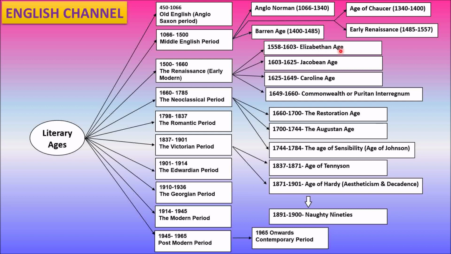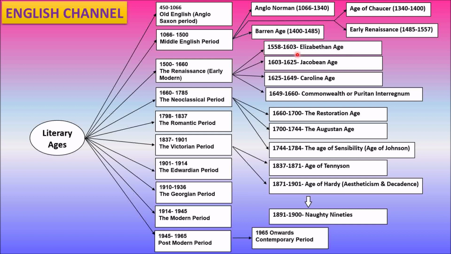There are so many writers in this particular age. Dr. Faustus by Marlowe, and the great dramatist William Shakespeare has written 37 plays and 154 sonnets. So this age becomes really very important for English literature. We should remember the time period.